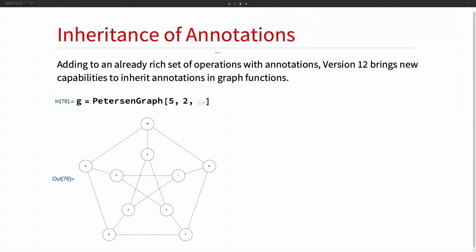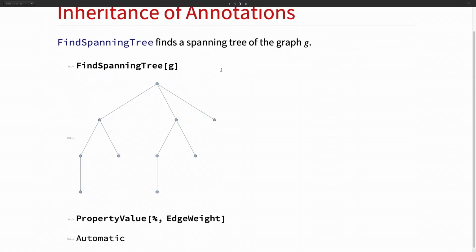Okay, next thing is inheritance of annotations, which used to be properties. What it means is now we have some graph with nice style, the Petersen graph. In the previous version, with some functions, some operations or constructors, if you apply the function, G has that nice styling, but this is in version 11.